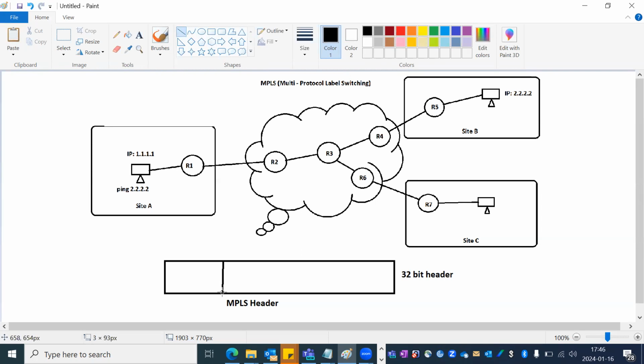In its first partition, 20 bits are occupied by the label, and then 3 bits of quality of service, and the rest is TTL.